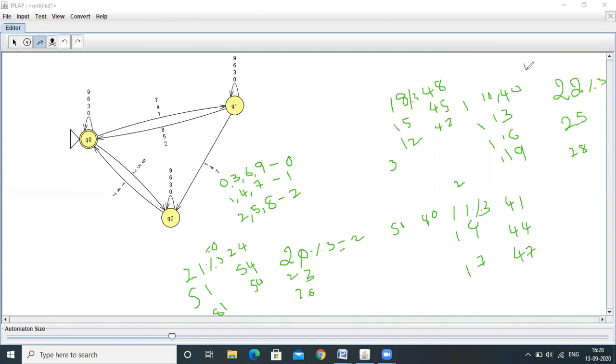The remainder is 1. So Q2 on 2 will go to the Q1 state. Now let's draw the transitions: Q2 on 2, Q2 on 5, Q2 on 8. So on Q2 also we have defined all the transitions.